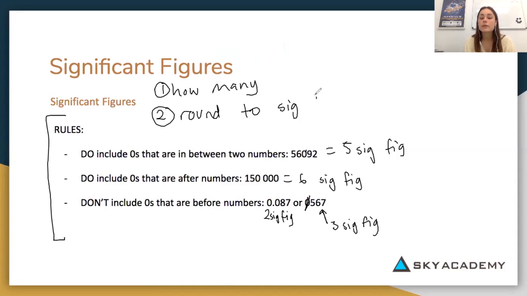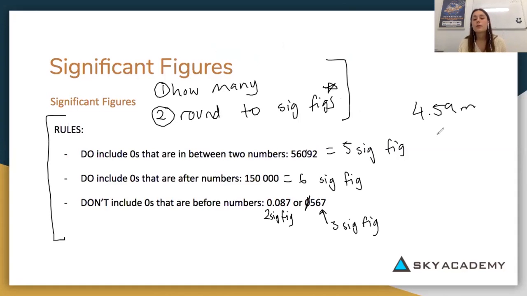So they're the 2 types of questions that you could get. The most common is number 2. So when you're doing a question about measurement and say it's 4.59 meters, they might ask for it to be to 1 significant figure. And so then you'd have to deal with the 4, round it up to a 5. So it'd be 5 meters, correct to 1 significant figure.